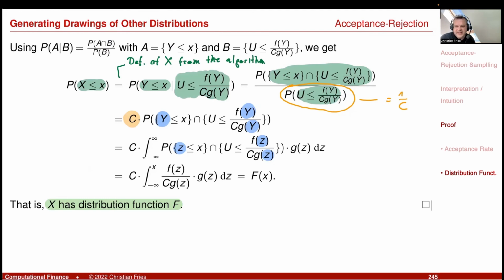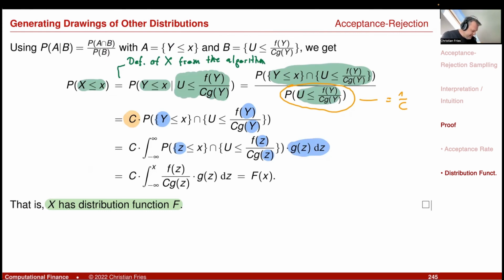That's the probability that this event occurs under the condition that y is equal to little z. Then I integrate this over all possible values for z, so I multiply with the density of y, g of z dz.